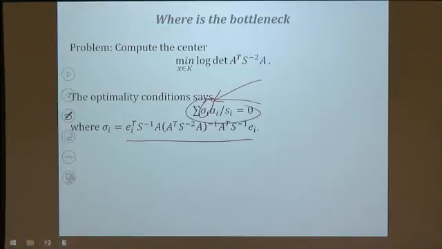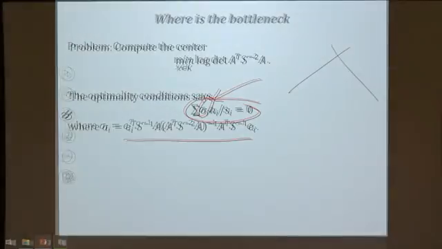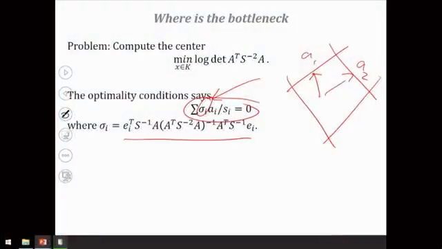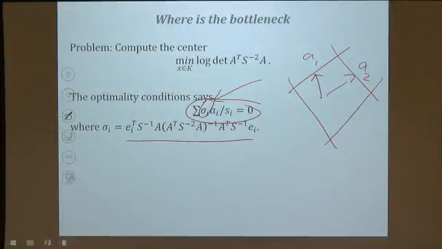And you can think this condition is like you have a polytope, and then you have a bunch of vectors A. Then it is saying a certain convex combination of A will cancel out. And you will weight those constraints by the importance of a constraint.